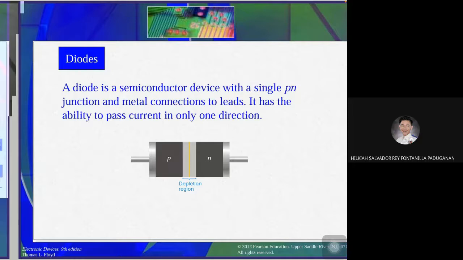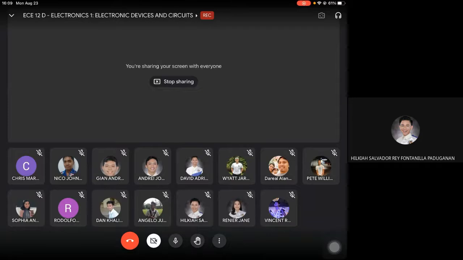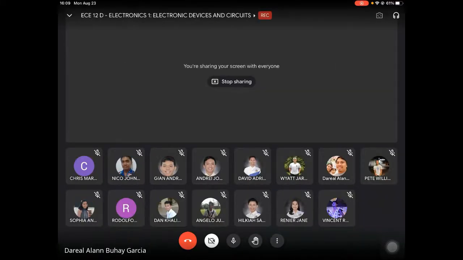I'm sure some of you have already seen an actual diode before. So I will show you one. Let me turn on my camera.